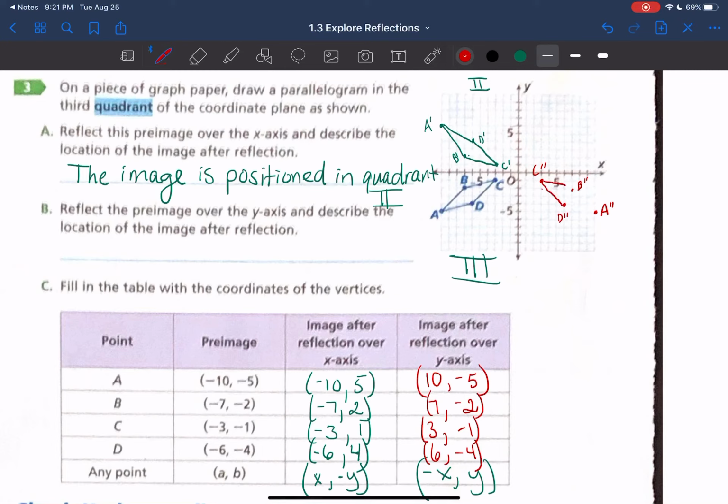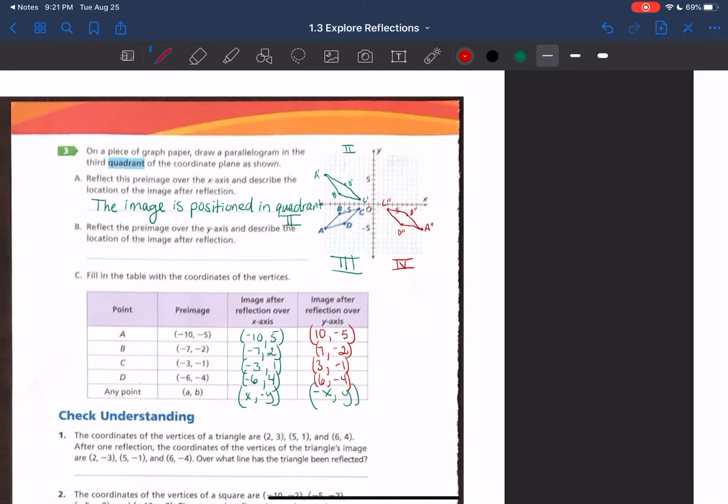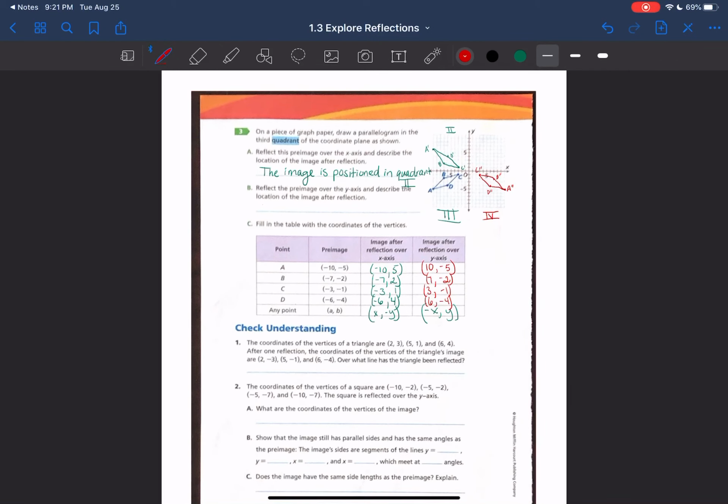We'll close it all in. And we can see that this is now in quadrant 4. All right, so the image is positioned in quadrant 4.